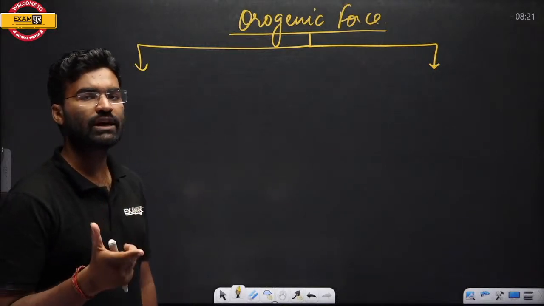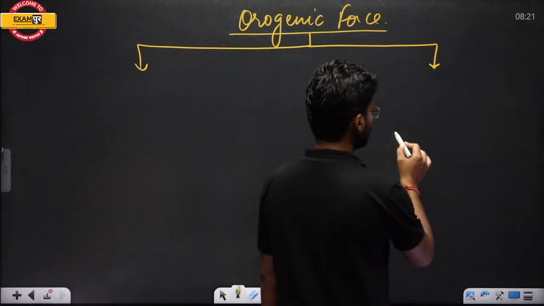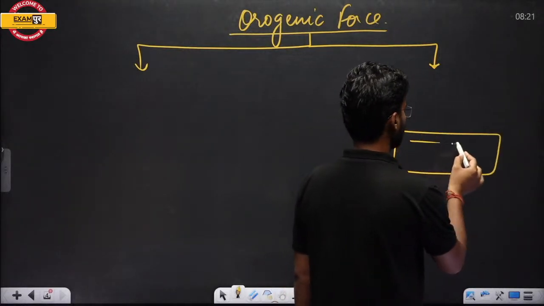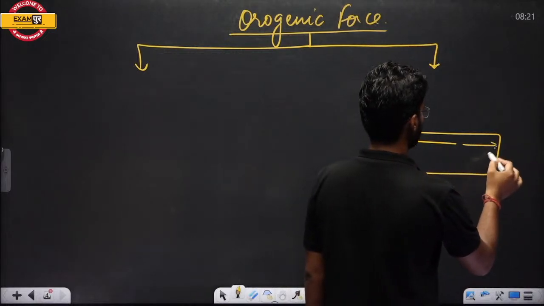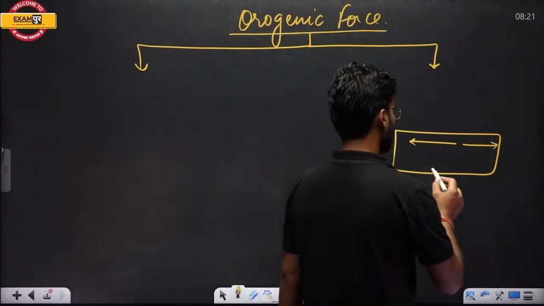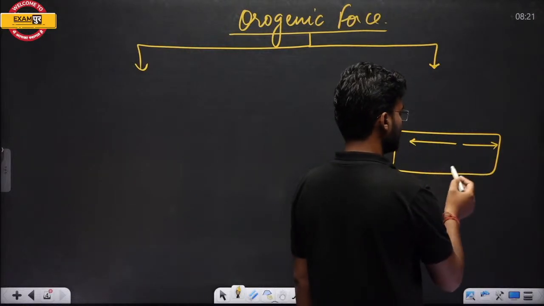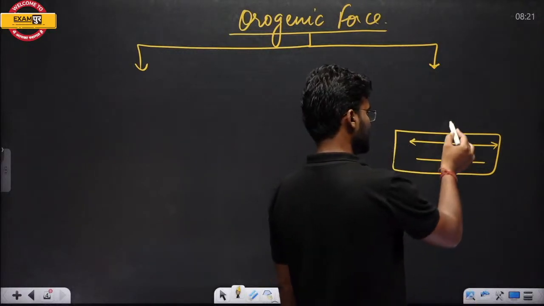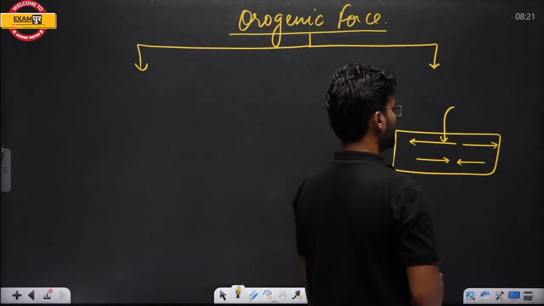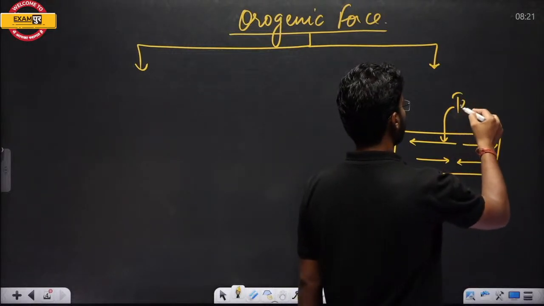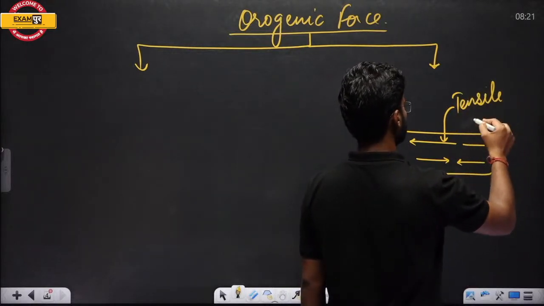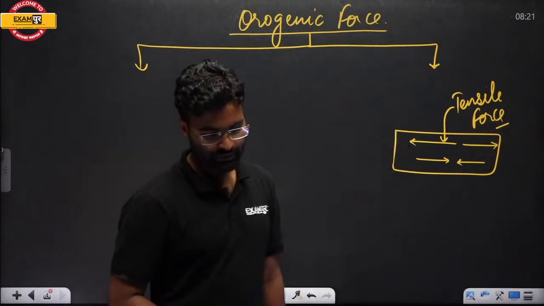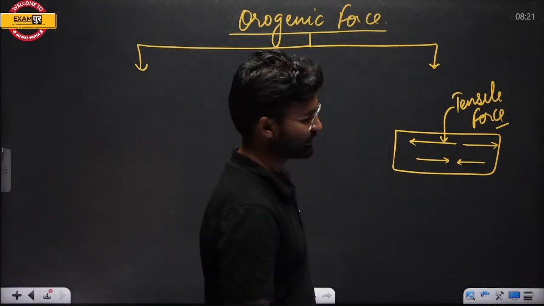If the force is working horizontally, whether it is working in the opposite direction or in the same direction. If the force is working horizontally in the opposite direction, then such type of force is called the tensile force, or you can say the tensional force.